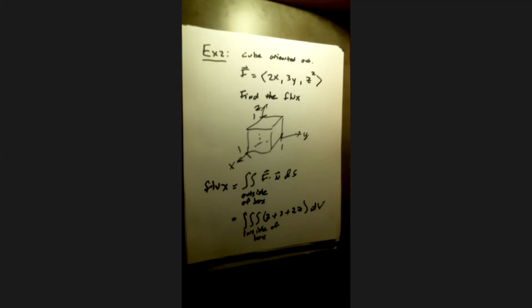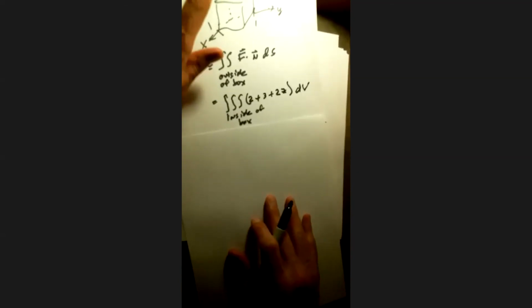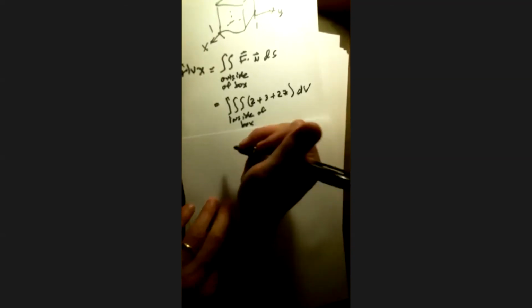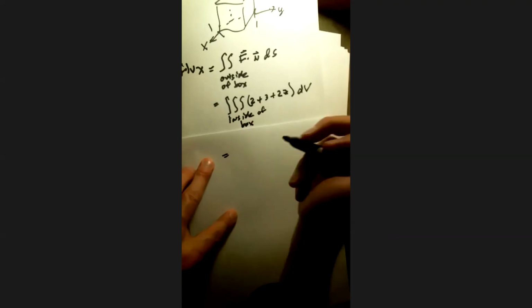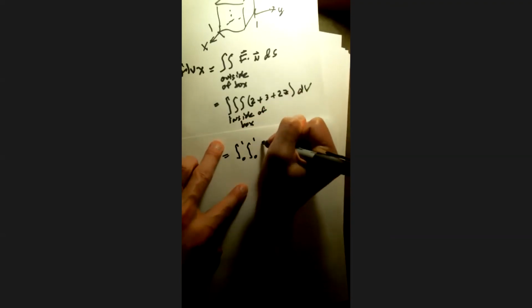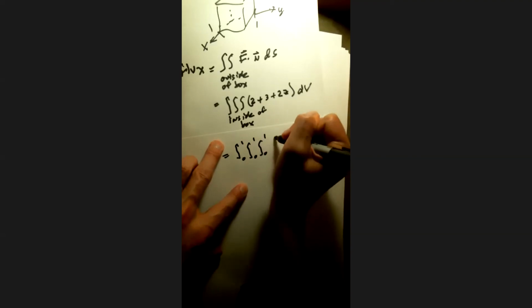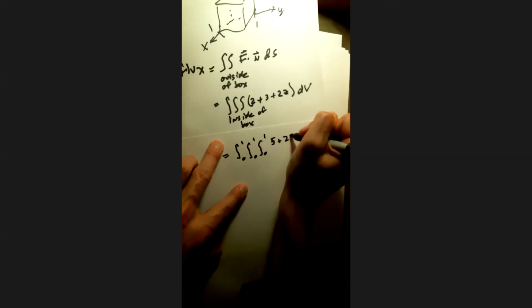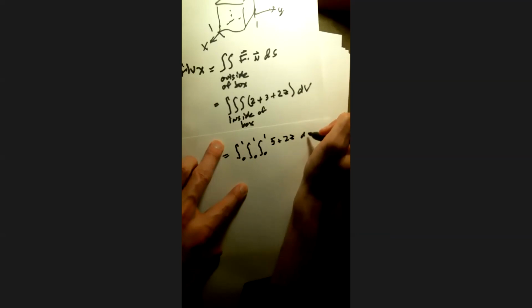All right, so crunching through this triple integral is not too bad. We're going to get the triple integral from 0 to 1, 0 to 1, 0 to 1 of 5 plus 2z, maybe we'll go dz dx dy.